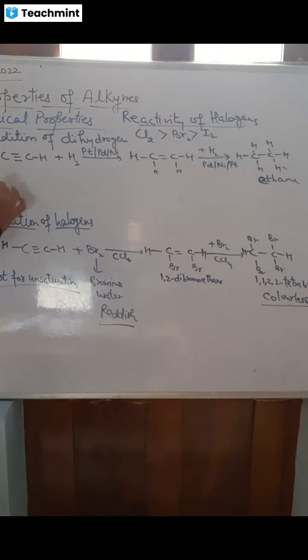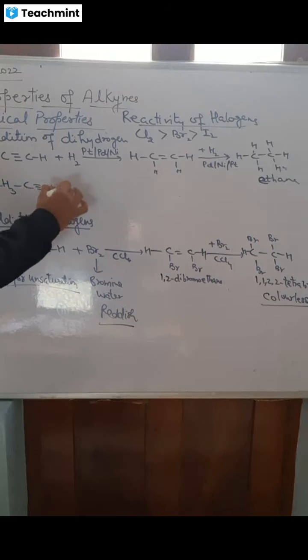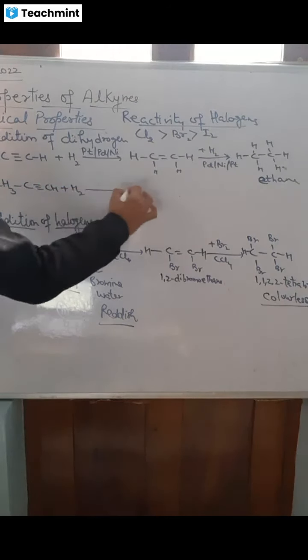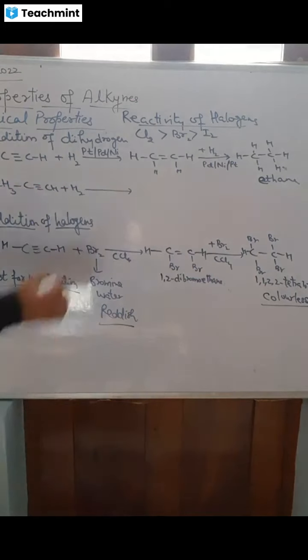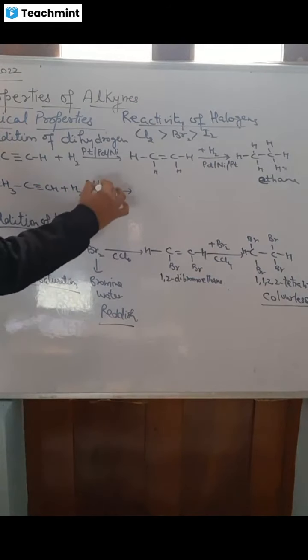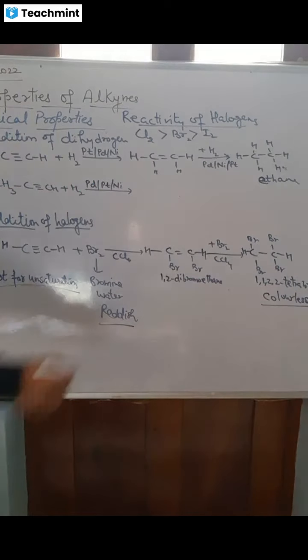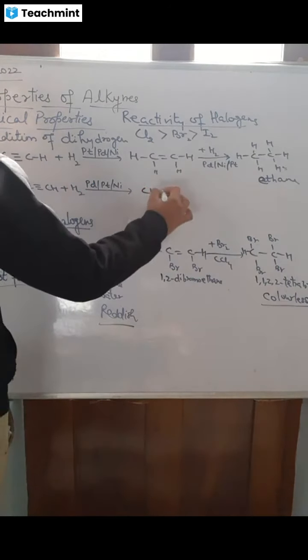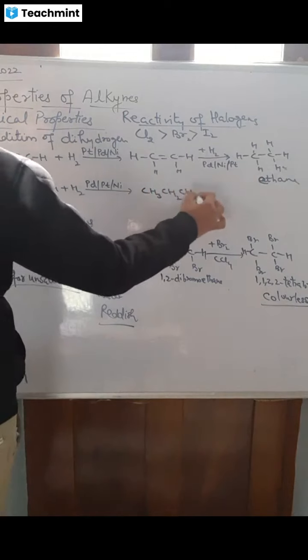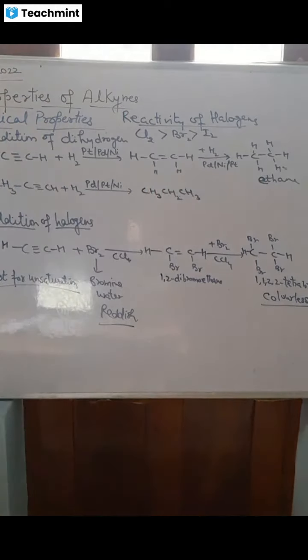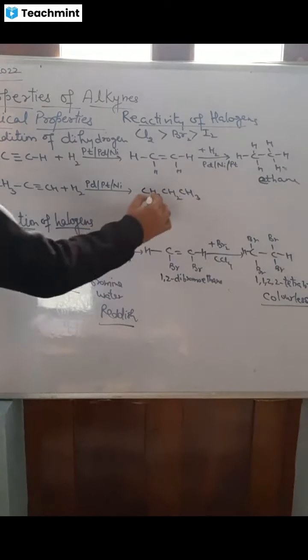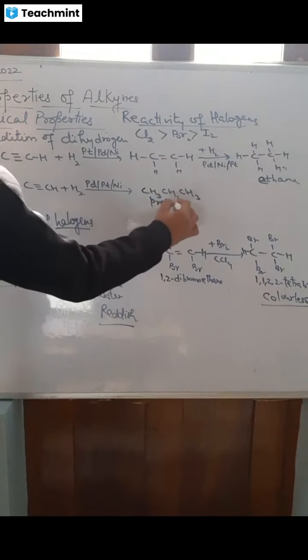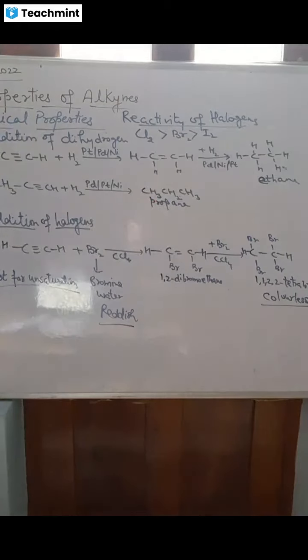You can take CH3-C≡CH plus H2. I write down the direct product. The third product, with any of the catalyst, should be CH3-CH2-CH3, the final product. That is propane. We get propane by the addition of dihydrogen.